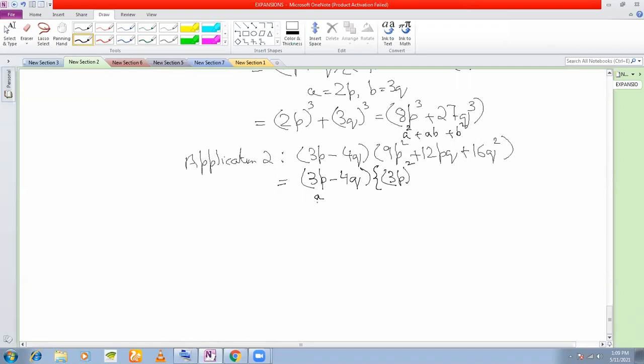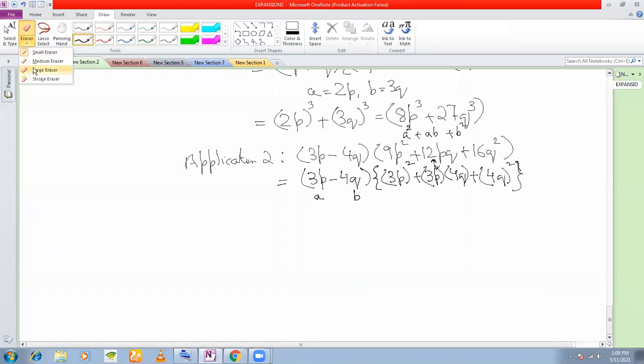So yes, we are getting 9p square. If you consider this as your b, you write here plus b square. Are we getting 16q square? Yes, we are getting 16q square. Next, let's see whether we are getting ab or not. So we multiply these two together, 3p and 4q. Are we getting 12pq? Yes, we are getting 12pq. So that means this is okay.